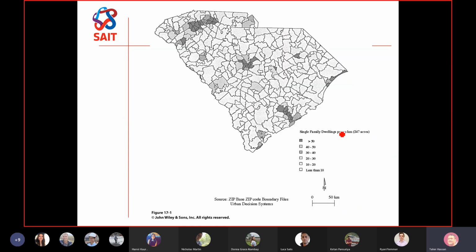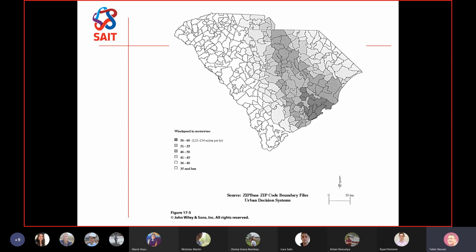Another map, which I will skip because it goes along the same line, is also about single family dwellings per square kilometer in different areas. This one is interesting, and I think we talked about it. We talked about wind speed. This map doesn't show you the number of single family dwellings per square kilometer, but rather the wind speed.